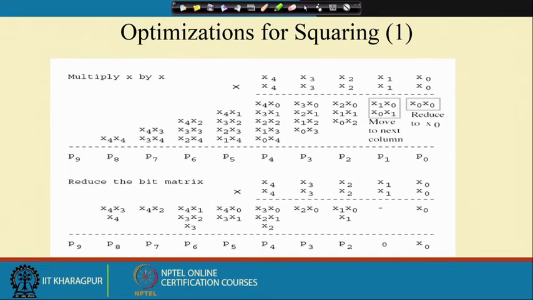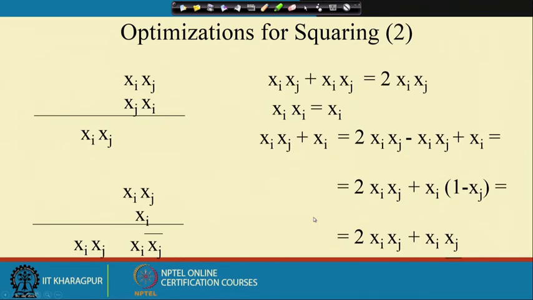Okay. So, that is the squaring circuit, that means the architecture of that squaring circuit. Now, I will come from this particular equation. Okay. So, this is the optimization while we do the squaring circuit.